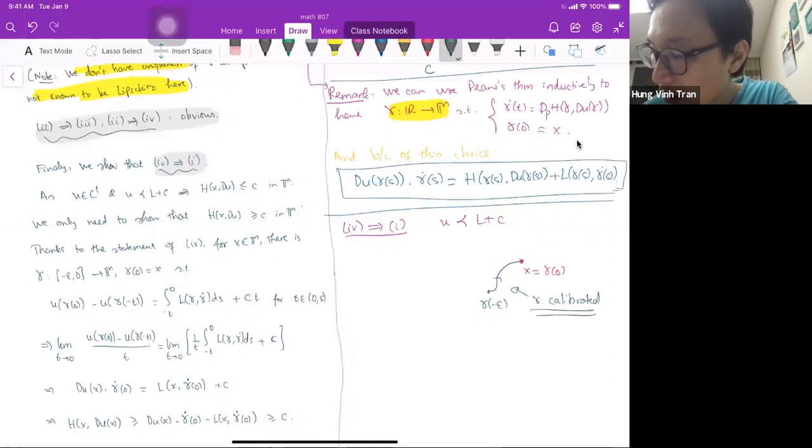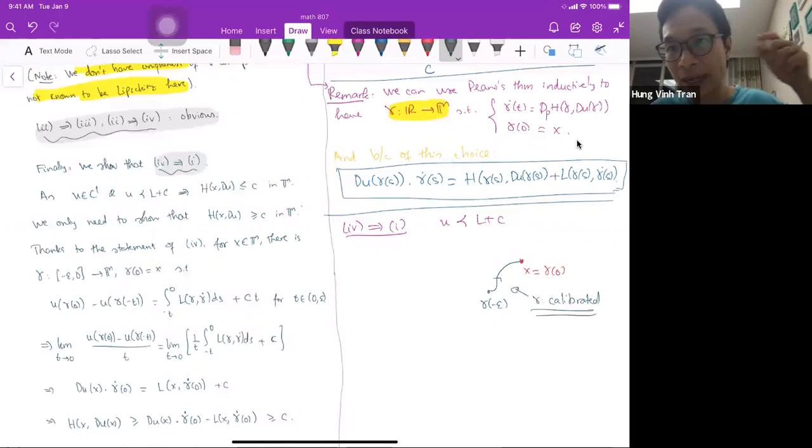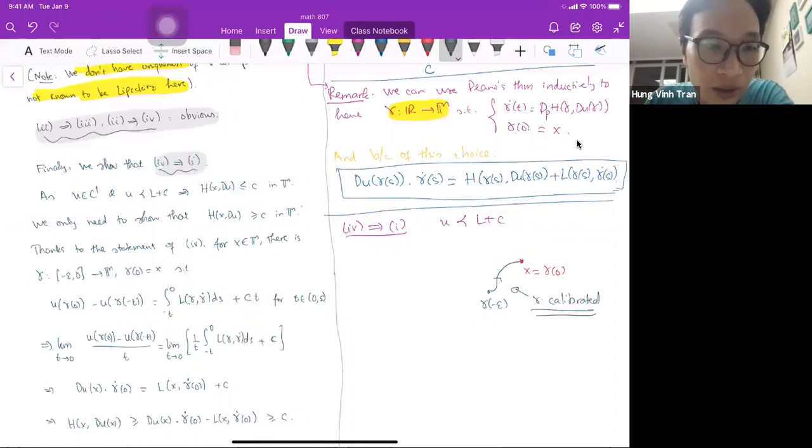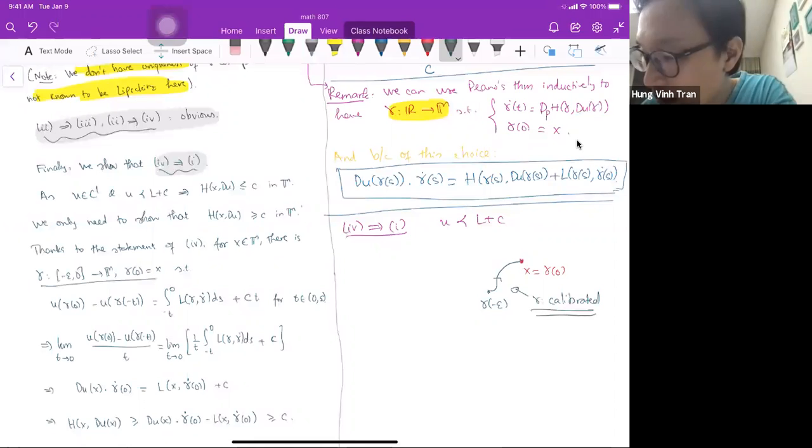So your calibrated curve is going to end at x for any given x. Okay, so it's clear what to do, right? We are just writing down what we have. Gamma is this curve that we drew in the picture on the right, and then you have the equality, so just write out the equality.